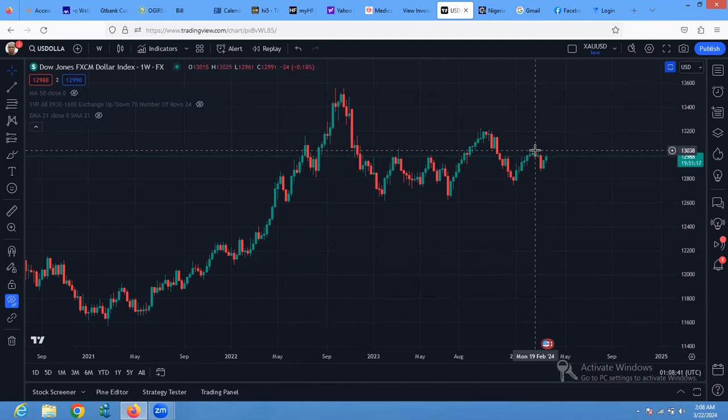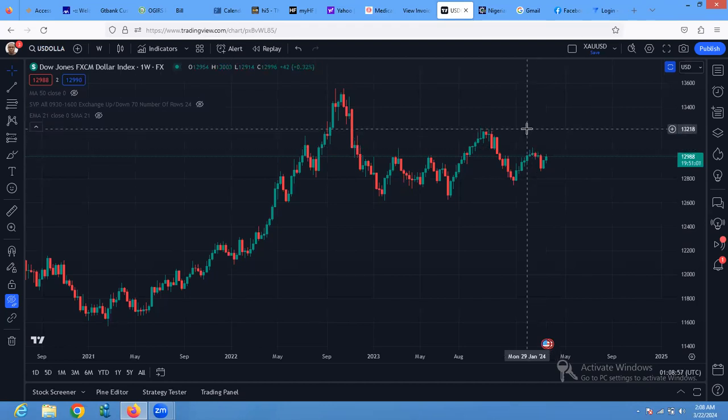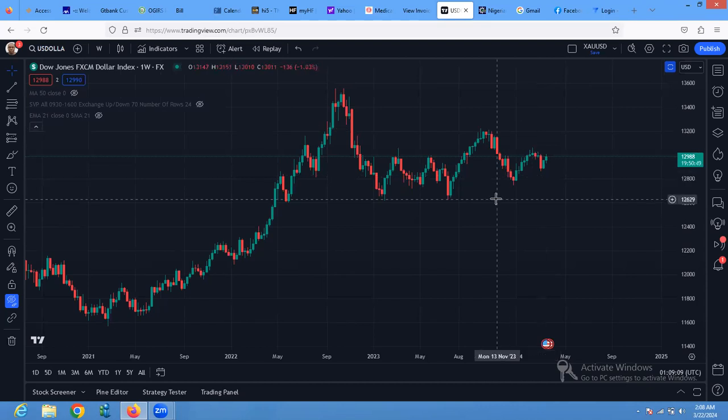This is corrective, there's no doubt about that. And this, we thought, is going to maintain the momentum to go down. But now, this is looking like we're going to break this top. And in breaking this top, we don't want to break this top. If we should break this top, then it's something else. It's looking like we are going to break this top, but without breaking this top now.